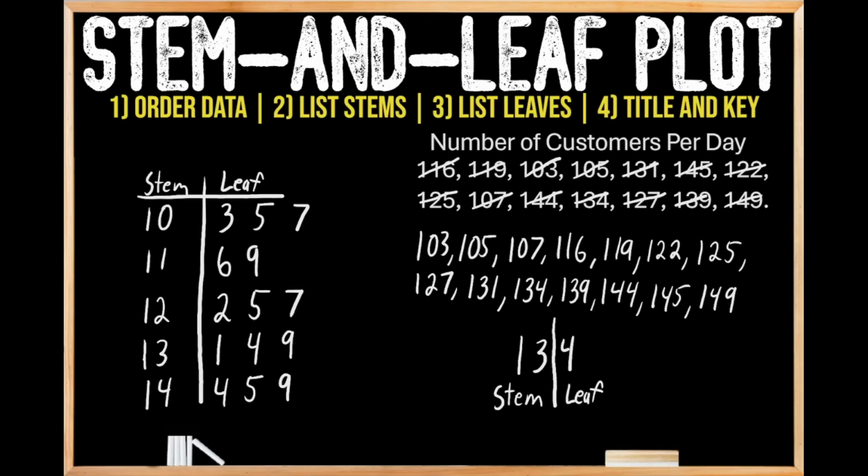And the purpose of this last step is to make it a little easier for the reader to actually understand what it is that they're looking at. So for our title, we're going to use the number of customers per day.